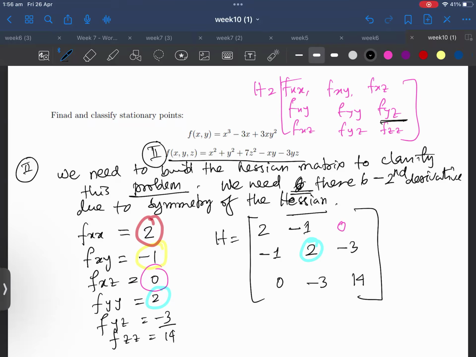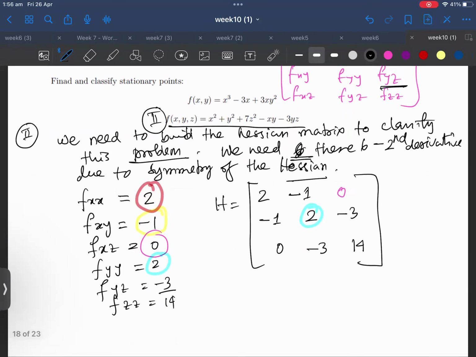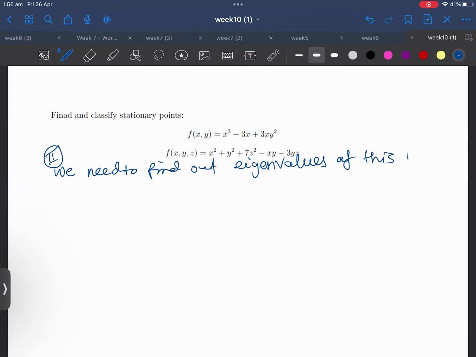Then you need to find the eigenvalues of this Hessian matrix, which is determinant of H minus lambda I equal to 0.